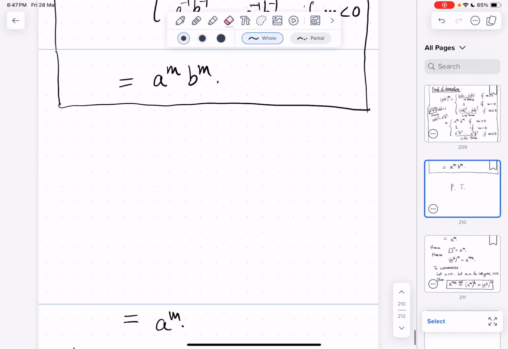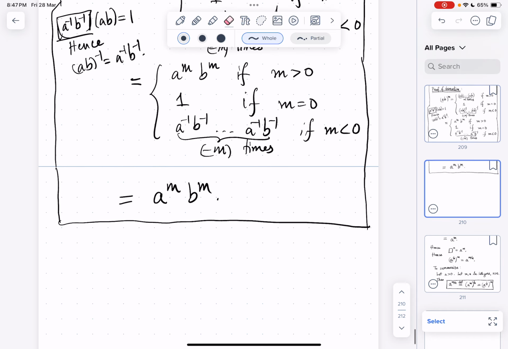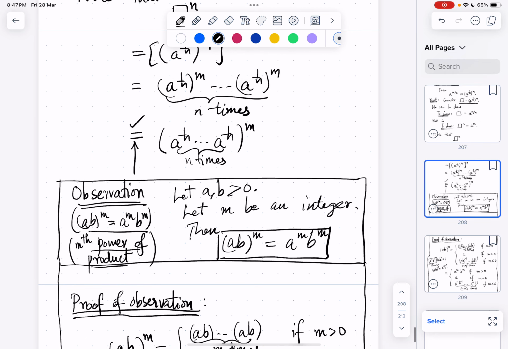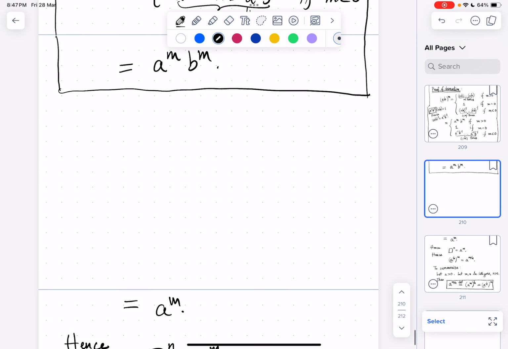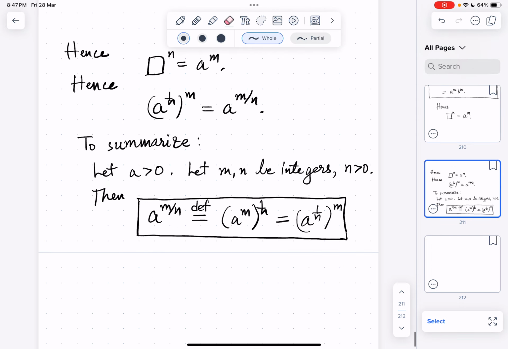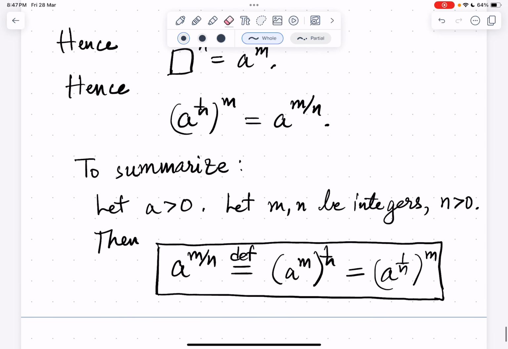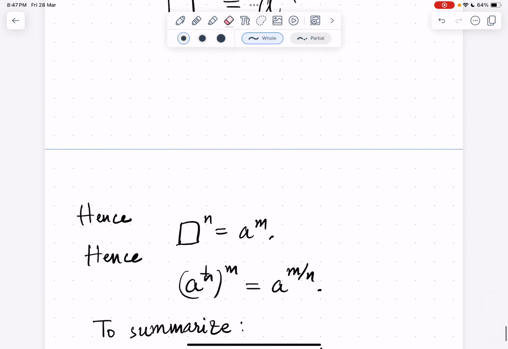Fine. So box^n is equal to a^m. So I'll write hence box^n is equal to a^m. Hence (a^(1/n))^m is equal to a^(m/n), acts as a^(m/n). So this was the correction.